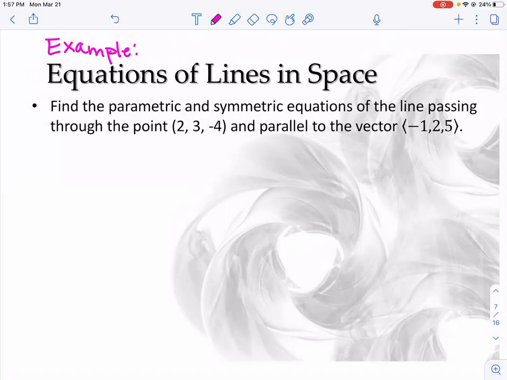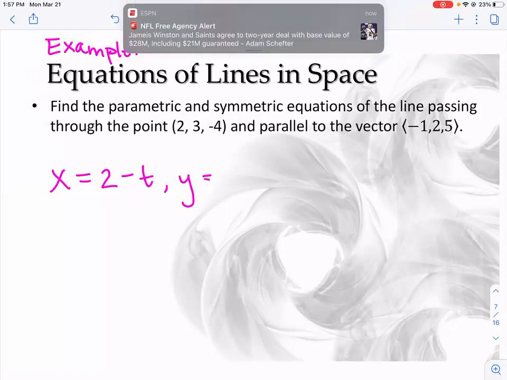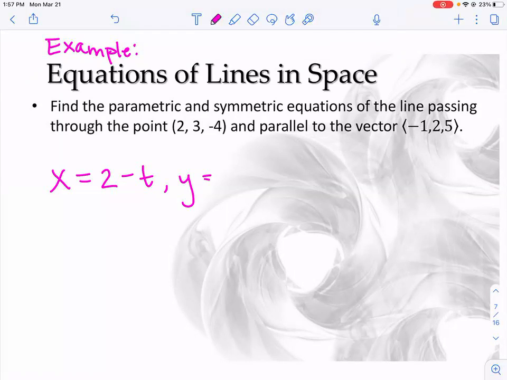All right, so x, we're going to take the x coordinate 2 and add at. Y, we're going to take the y coordinate 3 and add bt.